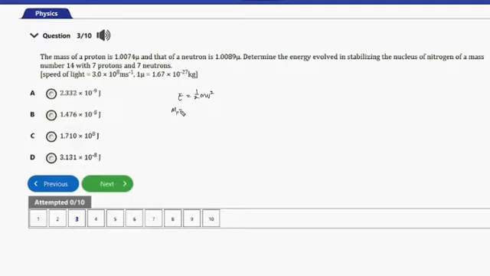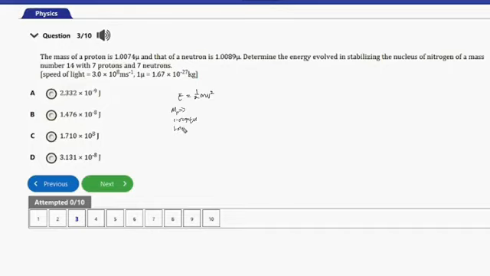So starting with the mass of the proton here, we said we have 1.0074 mu, and actually mu is stated here to be 1.67 times 10 to the power of negative 27.